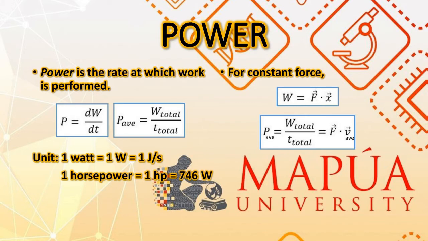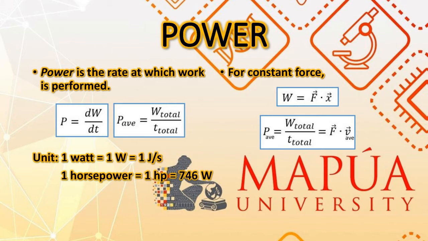Now, if we talk about constant force, work is equal to integral of F dotted with dx. If the force is constant, the work equation becomes simply F dotted with x. If we then use this equation to get the average power, work is divided by time.